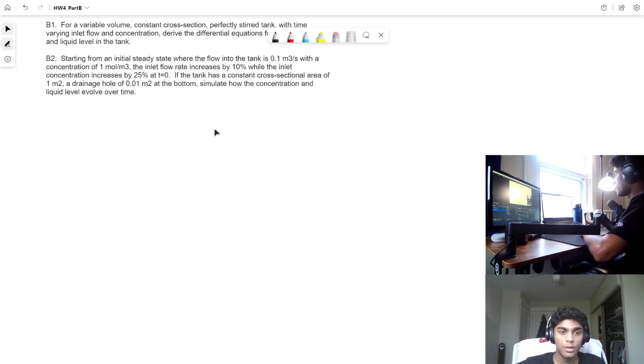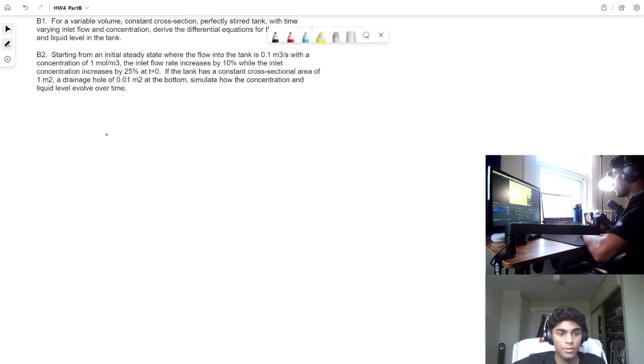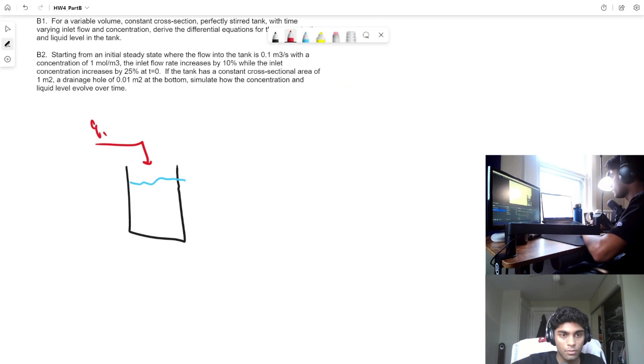So if we were to take a look at this tank, it's going to look something like this, where we have our tank, we have some liquid level, we have some flow in at some concentration.